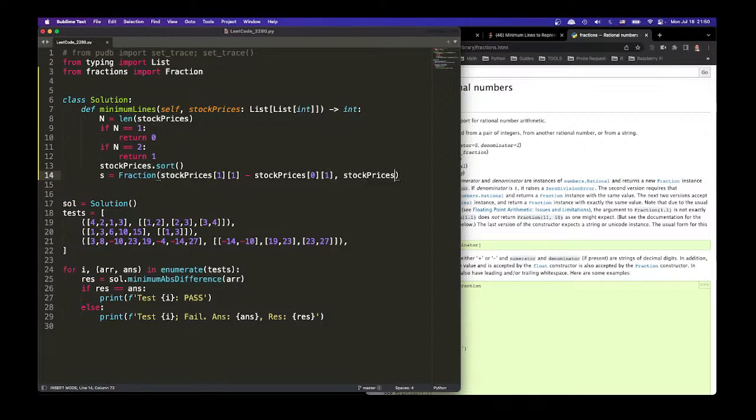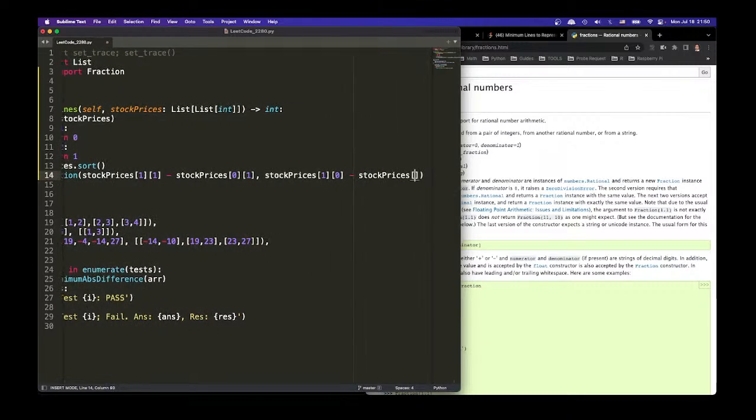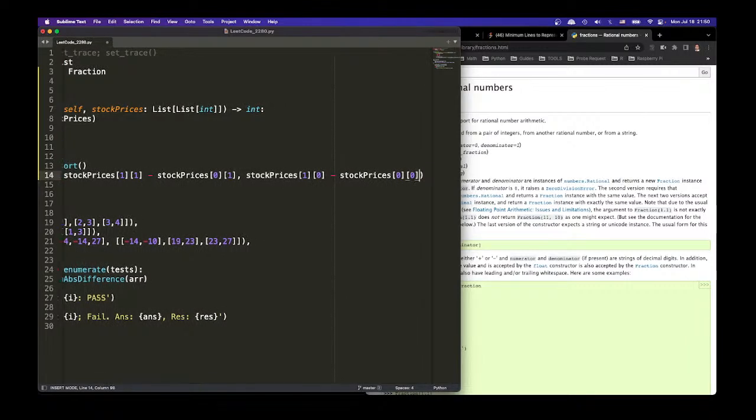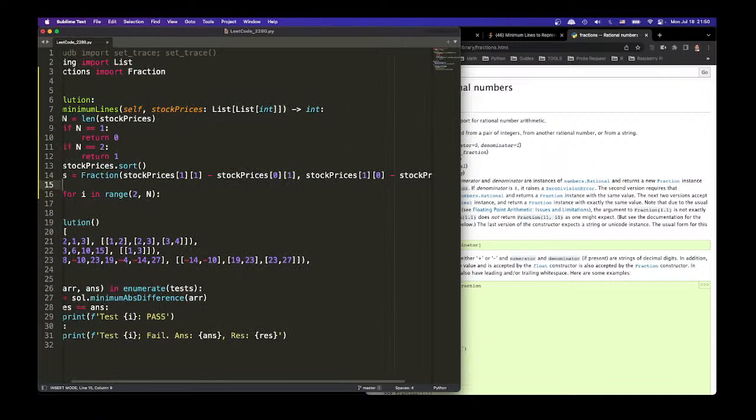Right, and then the stock prices 1, 0 minus stock prices 0, 0, right? Okay, so that's our initial slope. And now we say for i in range 2 to n, and then we say res is equal to 1.